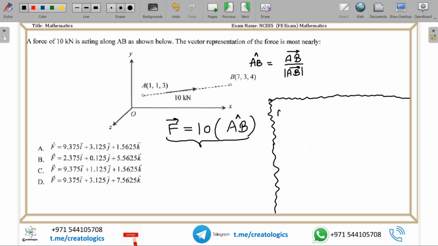Let us form vector AB. AB vector is formed by its head is where? Head is at B and tail is at A. And a vector can be formed if its vertices, your position vectors are given to you. So the value will be 7 minus 1 i cap plus 3 minus 1 j cap plus 4 minus 3 k cap. What I am doing? 7 minus 1, x coordinates subtracted in the i cap, or you can say x direction.